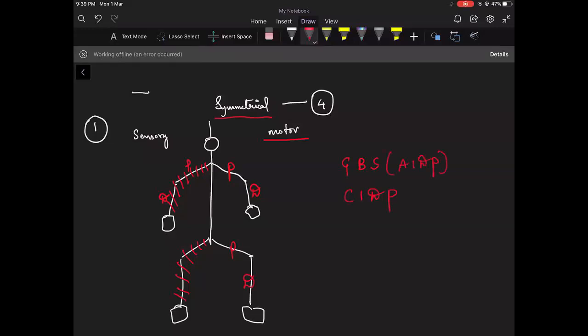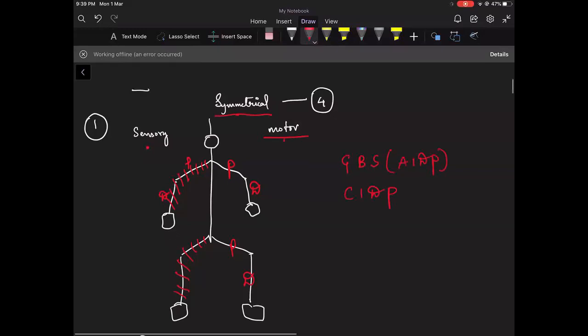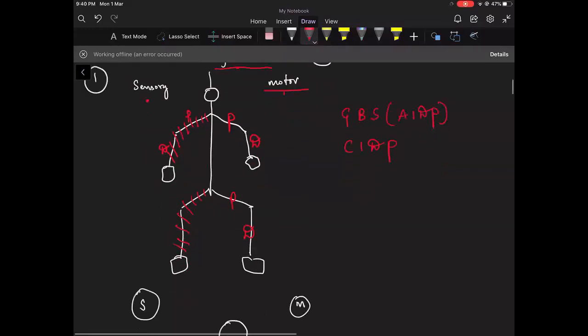So the patient will have symmetric sensory motor involvement with proximal and distal involvement.